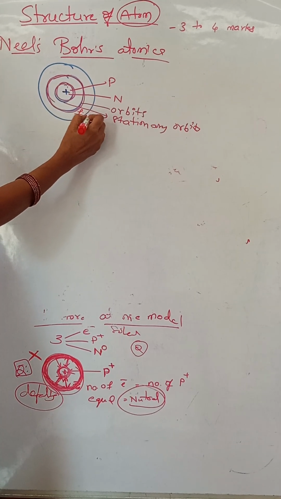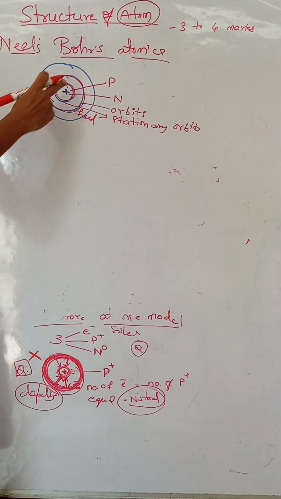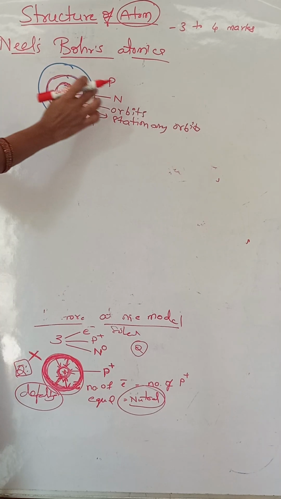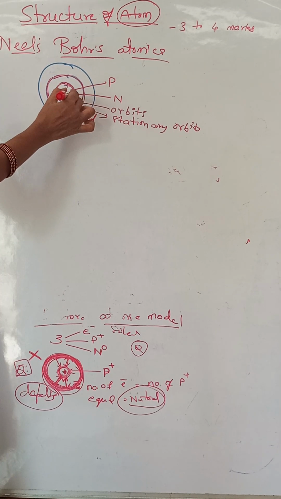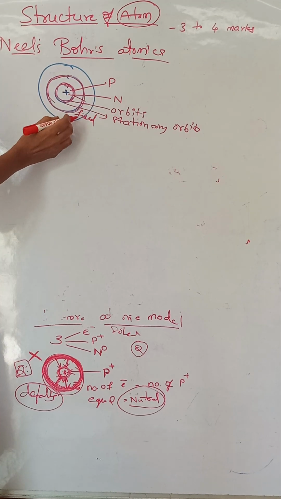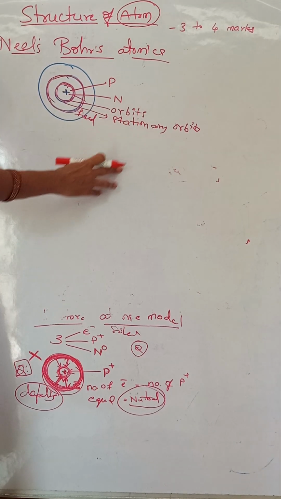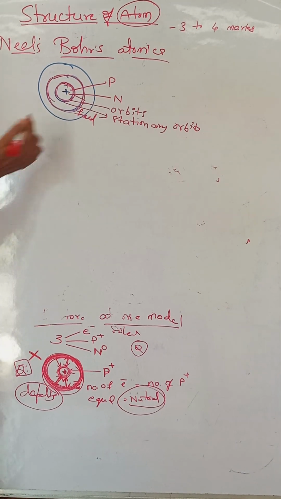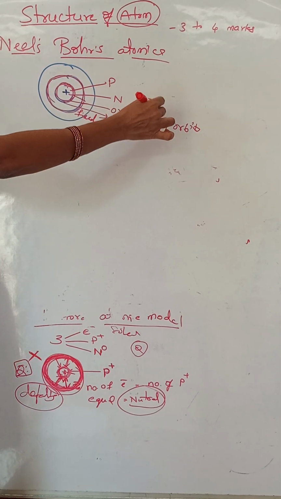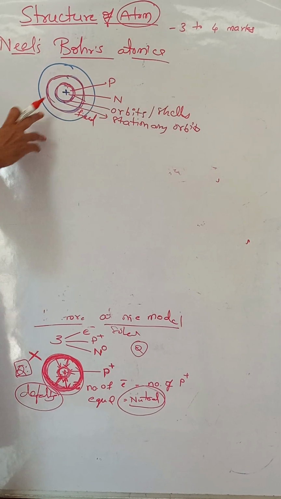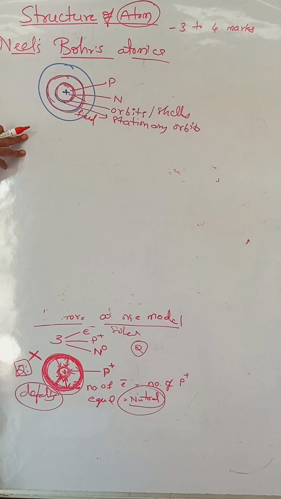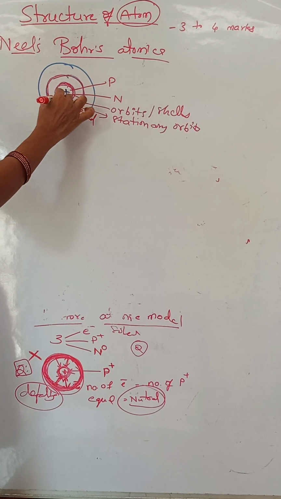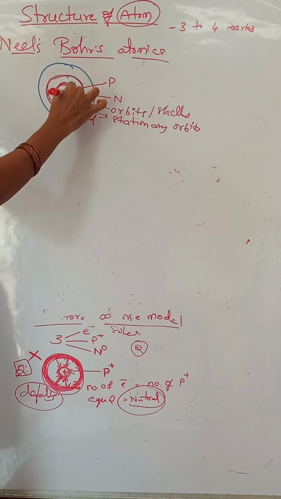Fixed energy. The closed circular paths are called orbits. When orbits have a fixed energy, they are called stationary orbits, and these are also called shells. The circle nearest the nucleus has the lowest energy level.